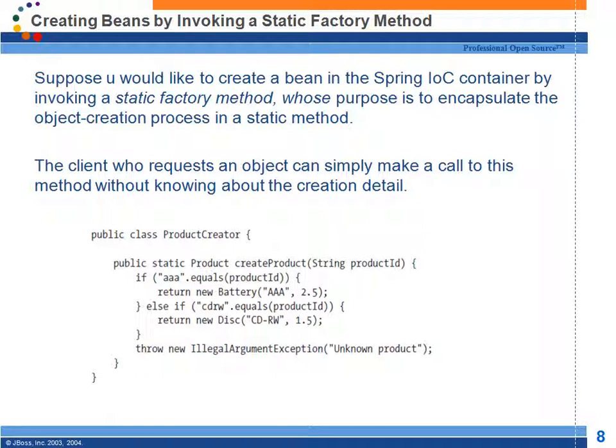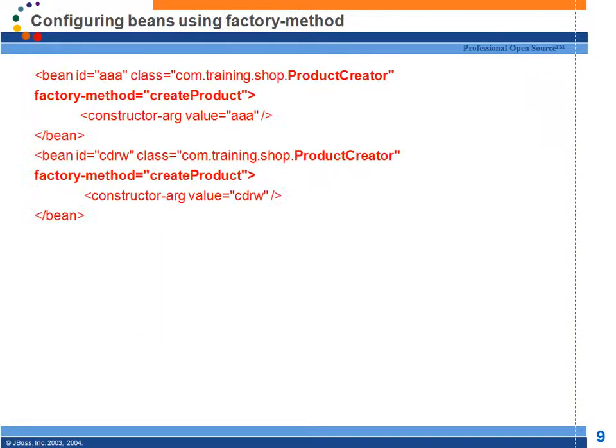See here in this case, if you see this code, if the product ID is equal to AAA, it is returning an object of Battery. If it is CD or RW, it is returning an object of Disk, right? See now, this is the way. Bean, this is the class ProductCreator, and the method which is creating the object is called the factory method.